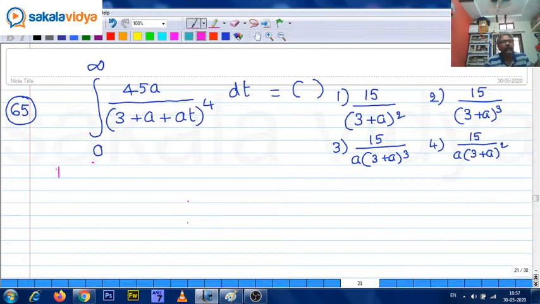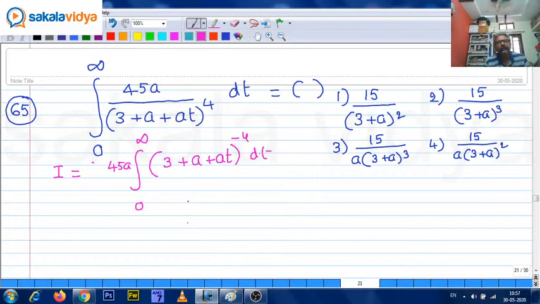Leave it now. I equals integral 0 to infinity. This 45a take out common. This we can write as (3 plus a plus at) whole power minus 4 dt. This is x to the power of minus 4. What is the integral of x to the power of minus 4? x to the power of n plus 1 by n plus 1.